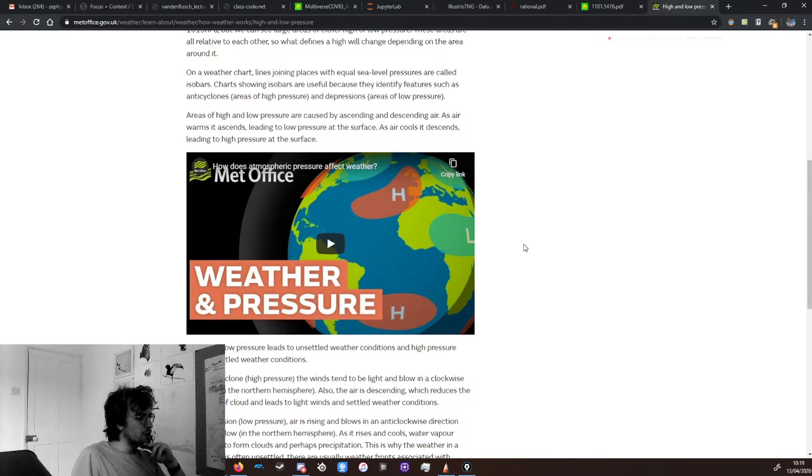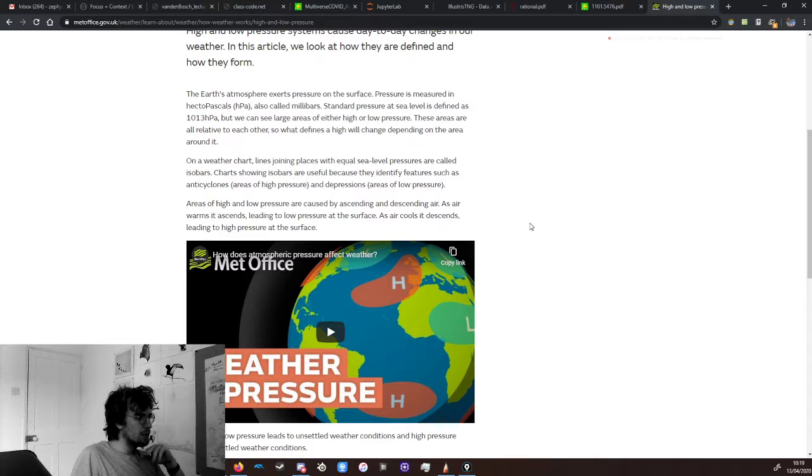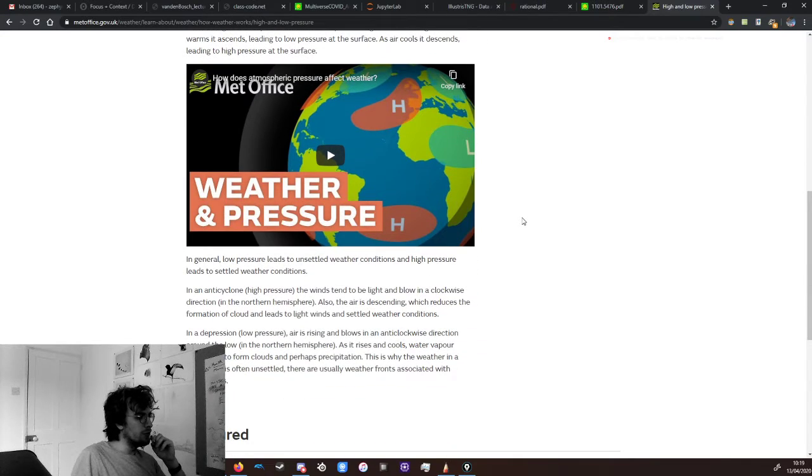So low pressure leads to unsettled weather, because it's where warm air is rising.